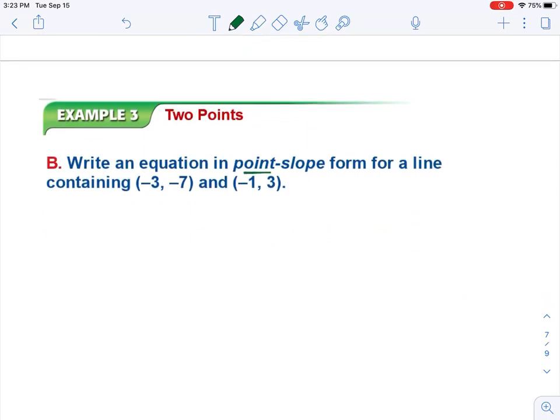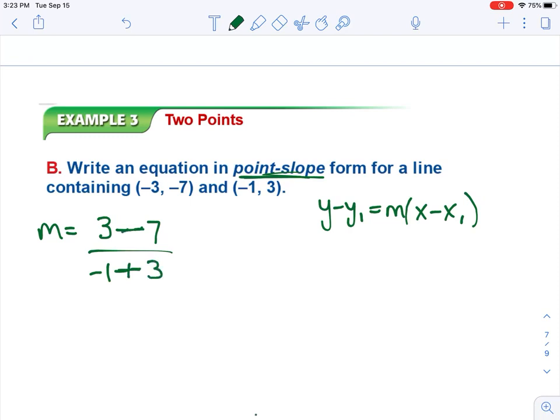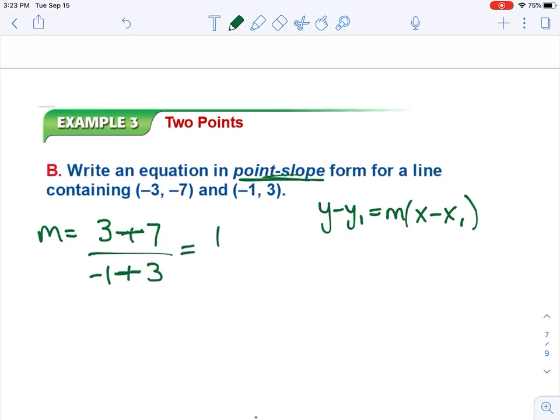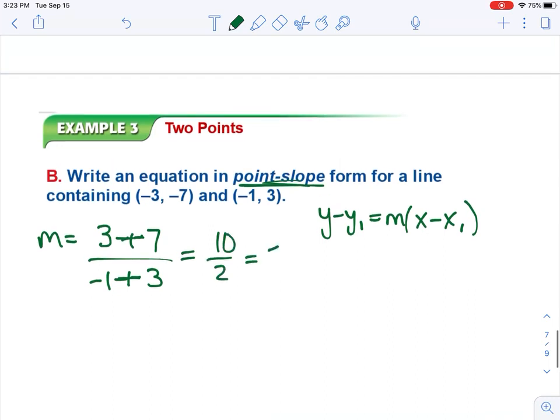Very similar, once again we have point-slope form again. We need to find our slope. So we have 3 minus a negative 7 over negative 1 minus a negative 3. So we will end up getting 10 over 2, which equals 5.